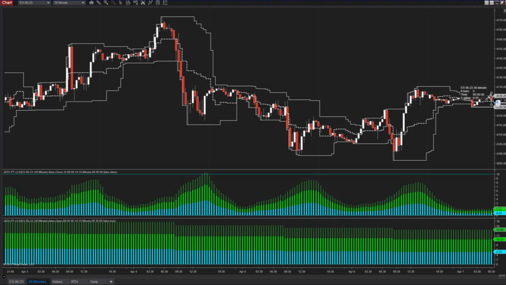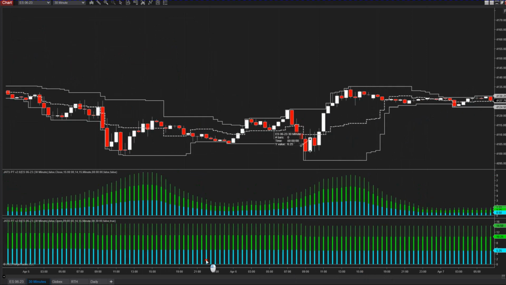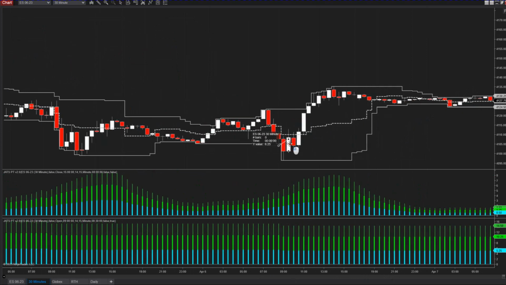So you have your range period in your RTH settings. Let's go back to our 8:30 to 9:30, and you can see that was right here, and here is the bar.